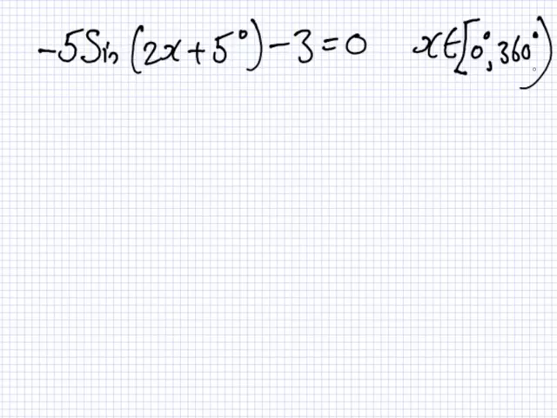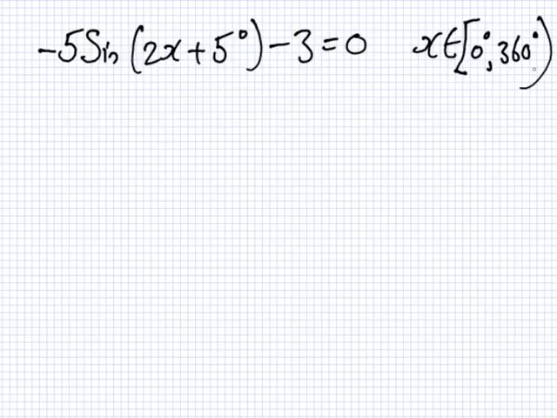Does anybody know how many answers there are here? Now if you don't know, that's okay, but I wonder if anybody knows. Four answers. And we'll see the 4 answers in a moment, okay?